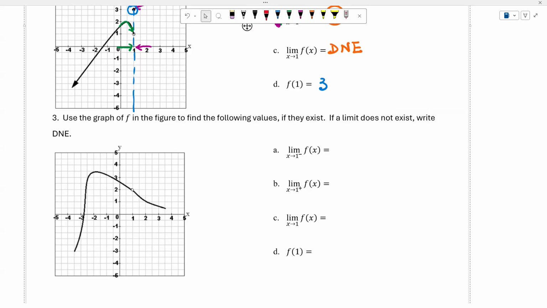Now, let us look at this. The limit of f of x as x approaches 1 from the left-hand side: the output that I have is getting closer and closer to 2.